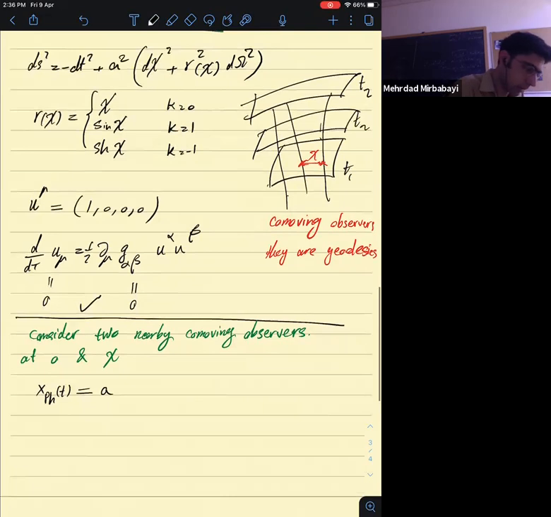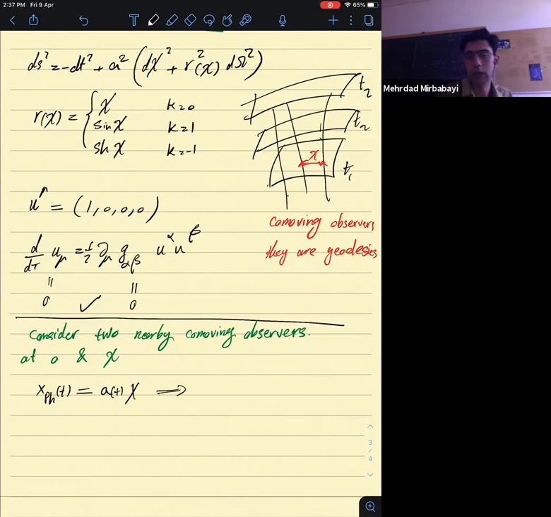So look at this metric. We are considering two observers which are at a small distance chi with respect to each other. The physical distance between these two is given by a times chi. So now then, what is the velocity that they measure?